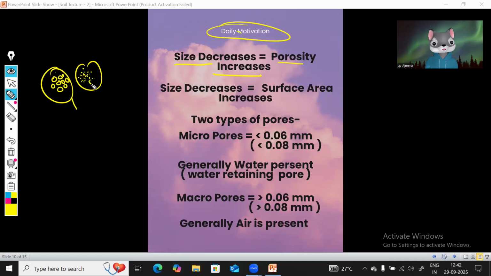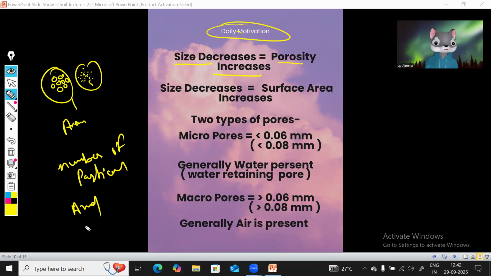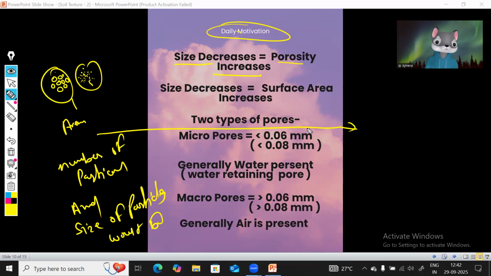When the area is the same, the number of particles and the size of particles will be different at different levels of soil, so which one contains the high porosity?